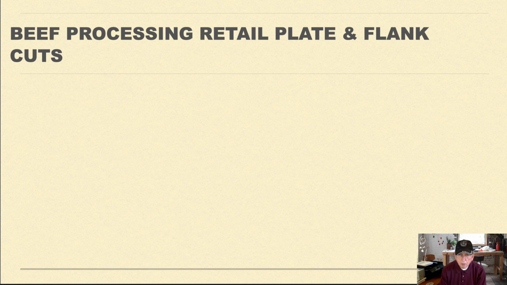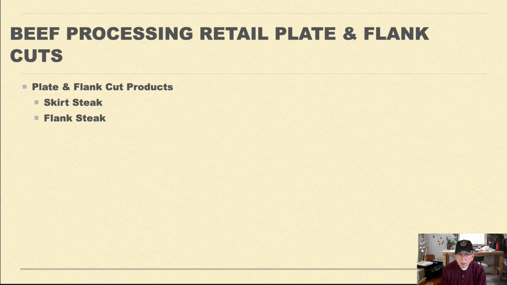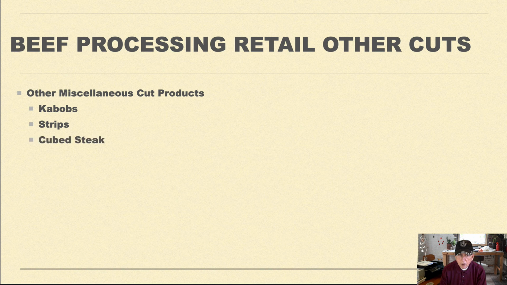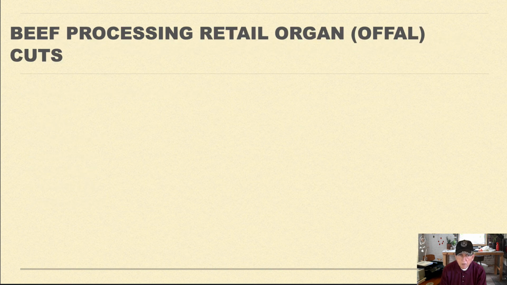The retail plate and flank cuts are skirt steak, flank steak, short ribs, bone in. And the other processing cuts are miscellaneous cuts as kebabs, strips, cube steak, stew meat, foreshank, hind shank, ground beef.